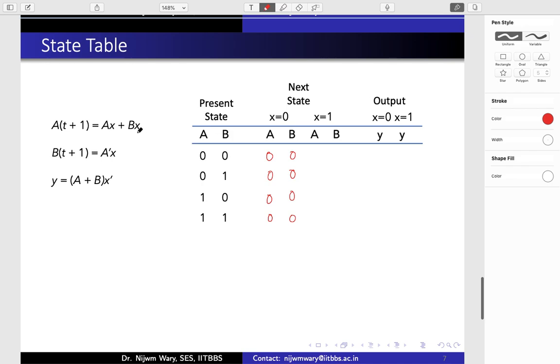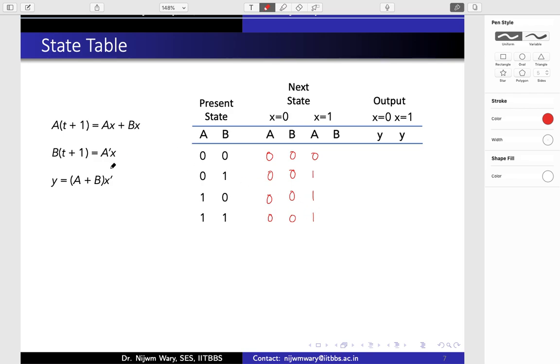Now in case x is 1, if both A and B are 0, definitely A will be 0, but if either A or B is 1, then we can directly say that it is 1 1.